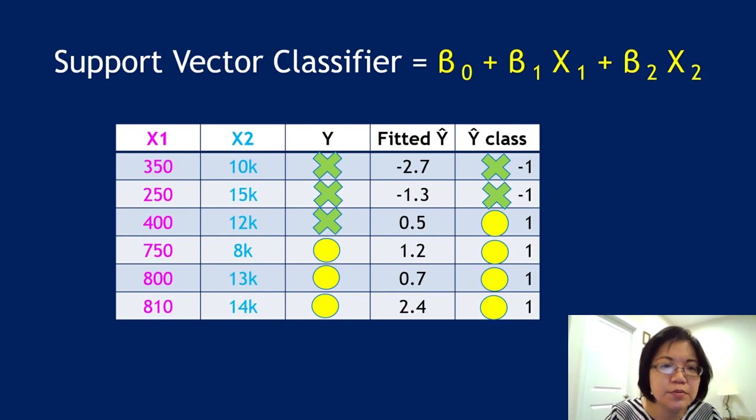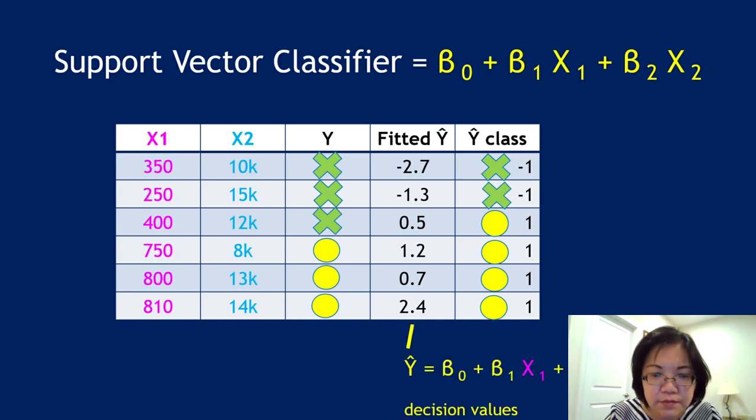So here is how the support vector classifier works. We will have a data frame that has x1, x2, and the actual y values, the classes. And then we can run the support vector classifier using these three columns, x1, x2, and y. You'll be able to come up with an equation, beta 0 plus beta 1 x1 plus beta 2 x2.